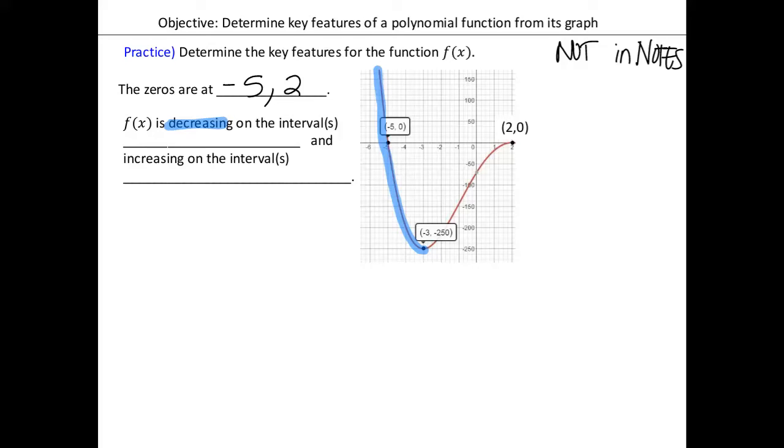So the decreasing function is that blue part right there, but remember, we need to figure out our fake coordinate point. Is that the left side or the right side? And is it going up forever or is it going down forever? Look at the end of it. The end of it is going up forever.